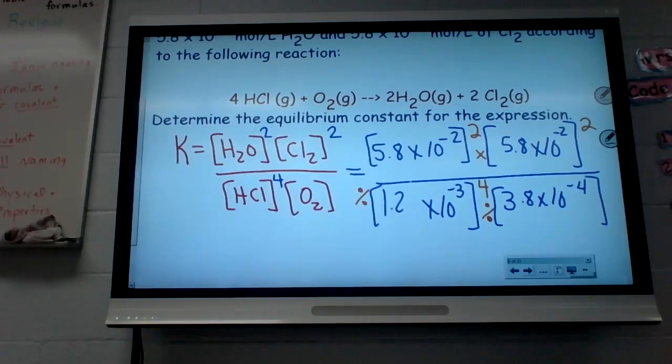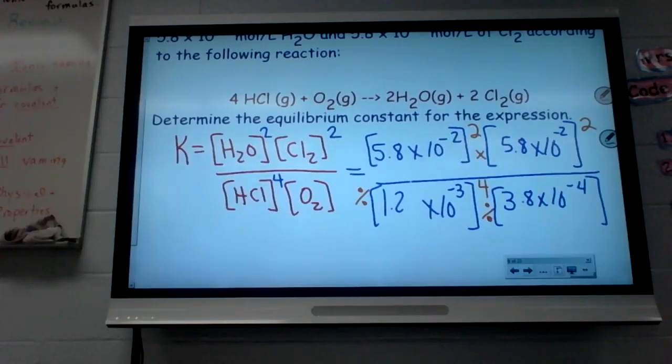So, okay, it's going to be 5.8 second EE negative 2, squared, times 5.8 second EE negative 2, squared. I hit equals because I'm totaling the top, 1.1 times 10 negative fifth.